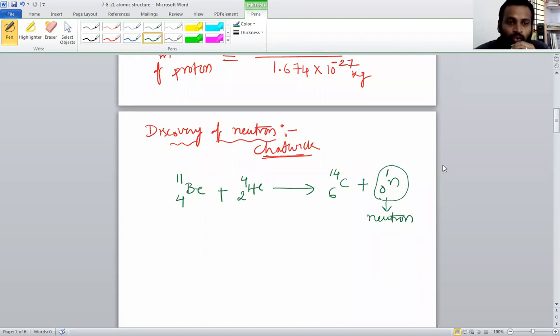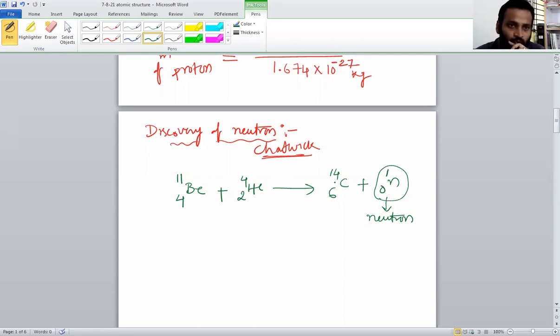Got it, everyone? So, sir, how can we say some neutral particle came out, or was ejected? Ejected means came out, removed. See here, if you check carbon, you can say some other particle came out. How can I say? See, 4 plus 2 is 6, 11 plus 4, the mass should be 15, but here you have 14 only.